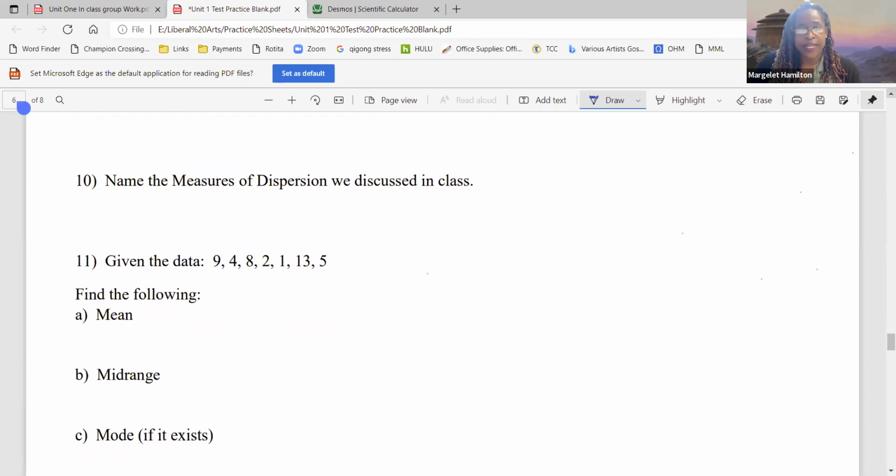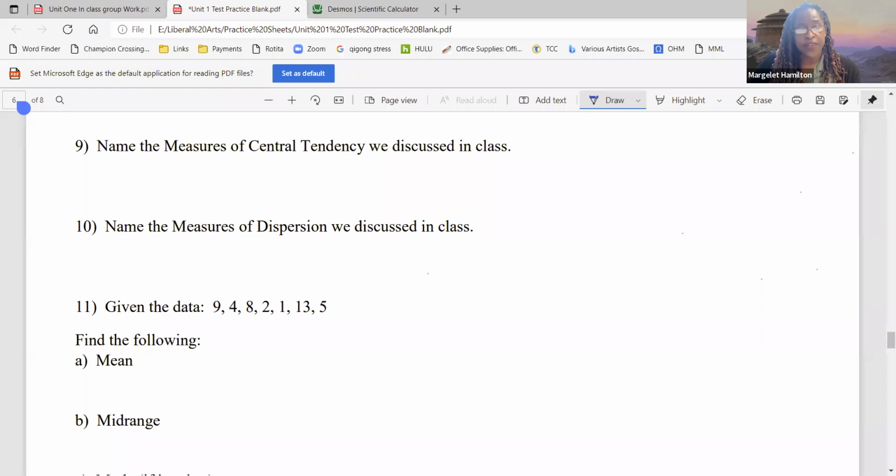Look at number 9 and number 10. Here they're asking us to remember what our measures of central tendency are and what the measures of dispersion are. You have to know that stuff and know the difference between the two. Let's go ahead and work on number 9 and number 10, and then we'll look at number 11, which is a really big problem for us.